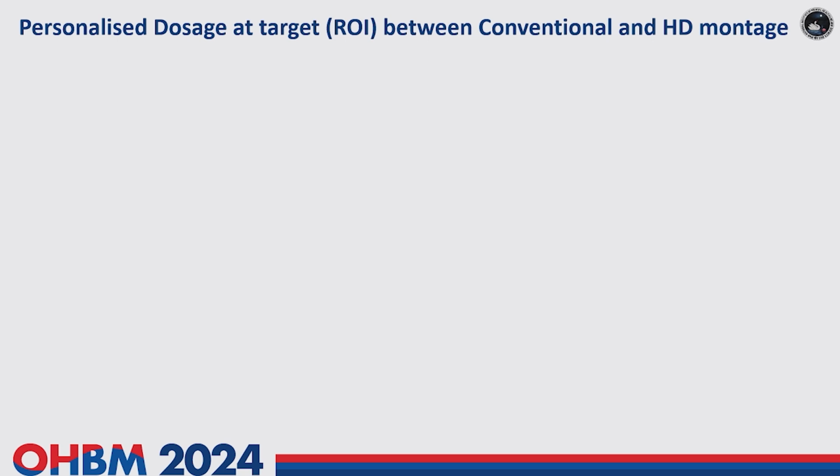We performed a regression model so that we can understand the relation between the personalized dose at each ROI. We took the personalized dose at each ROI as the dependent factor, whereas for the independent factors, we took the montage and the patient group. We saw a significant effect of the montage type as well as the patient group interaction.